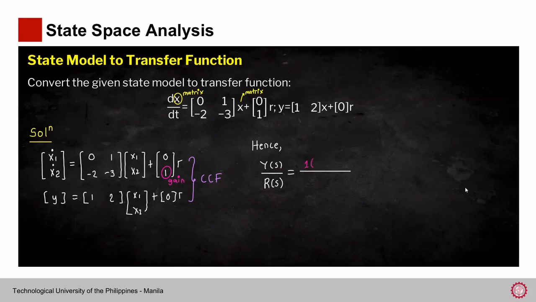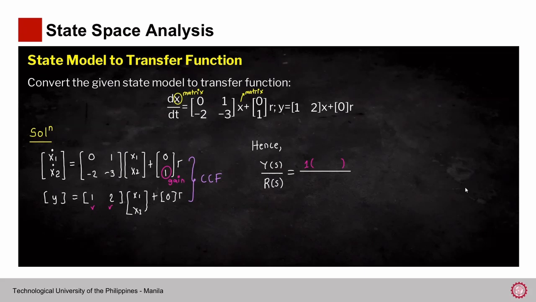Then, for our output, guys, this is written in reverse. Meaning, when we write from the transfer function, we start from the end, backwards. So we just reverse it. What do you mean, sir?